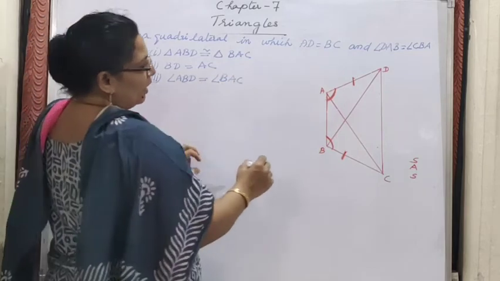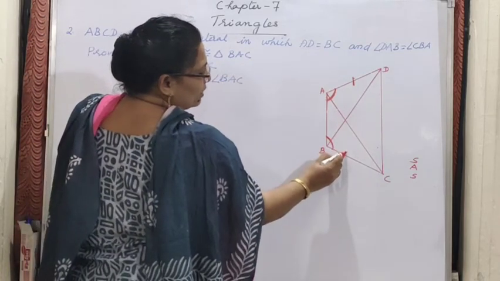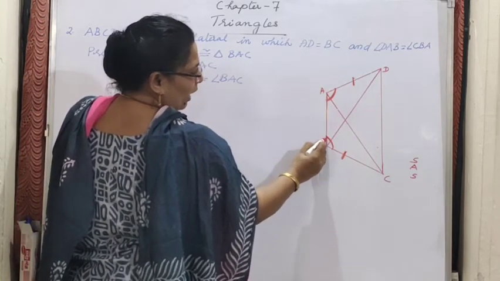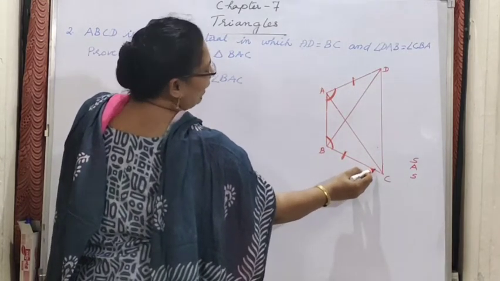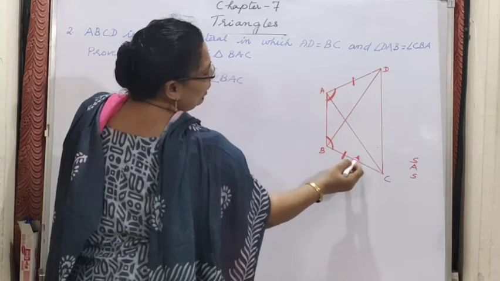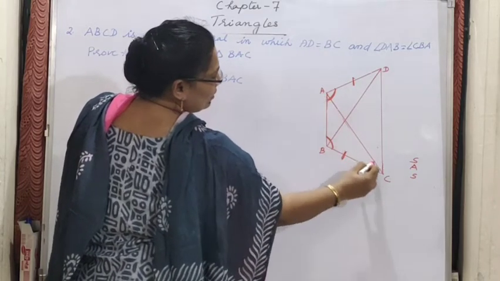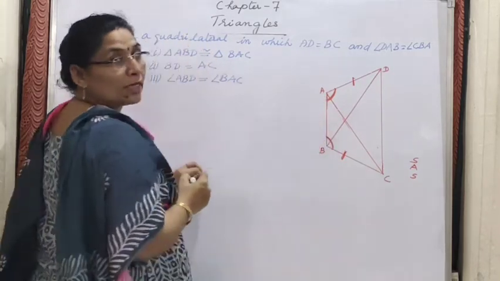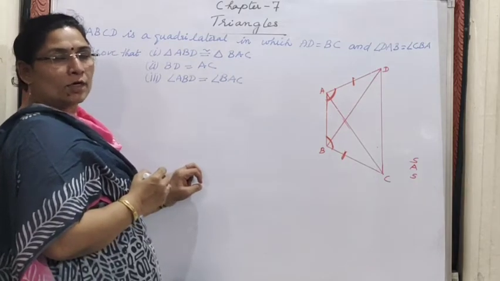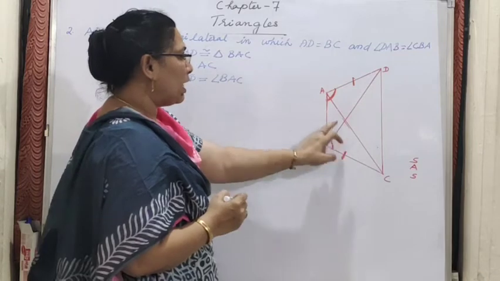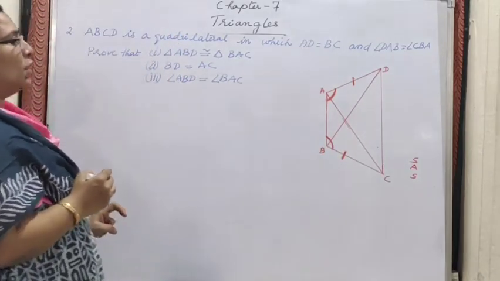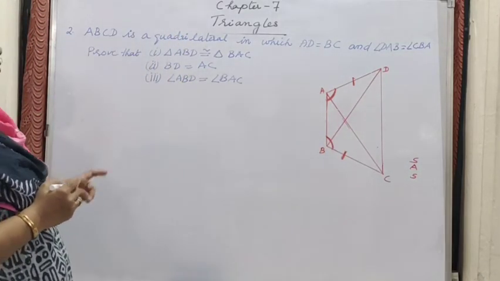BAC, one angle and one side: BC. Angle: angle B is marked. So again AB you can see is coming in both triangles. So the common side possibility is AB, not AD or AC, right? So we can write that AB is the common side.